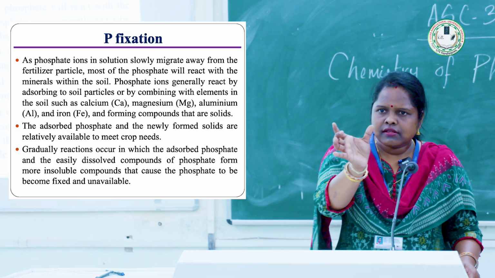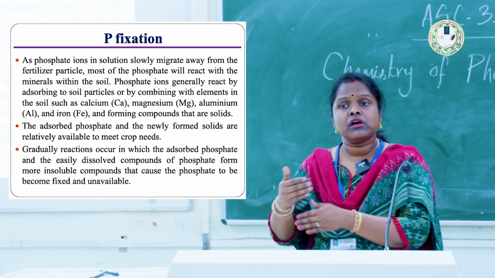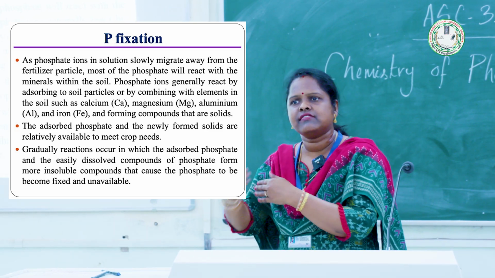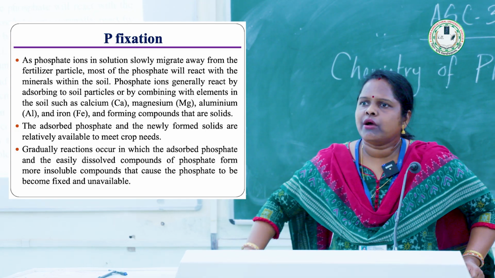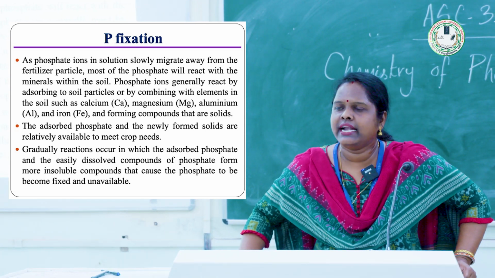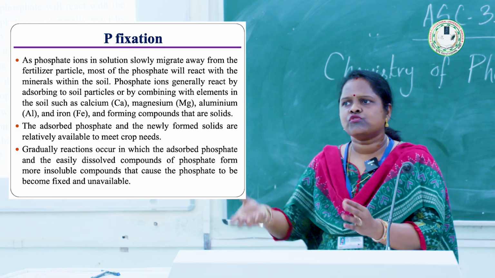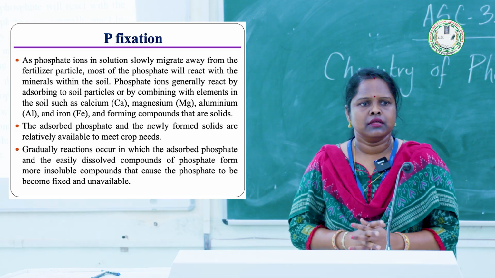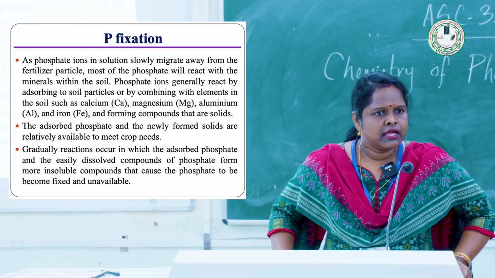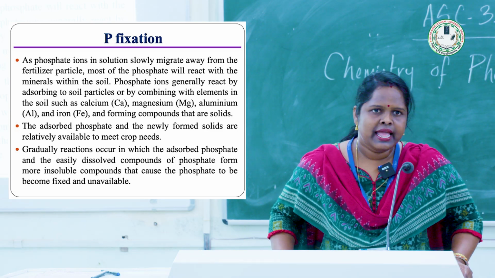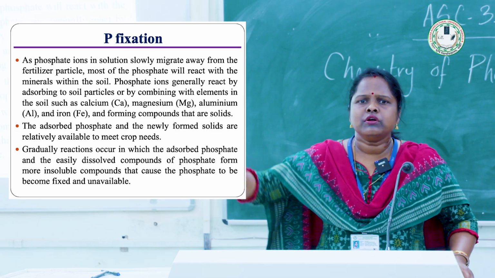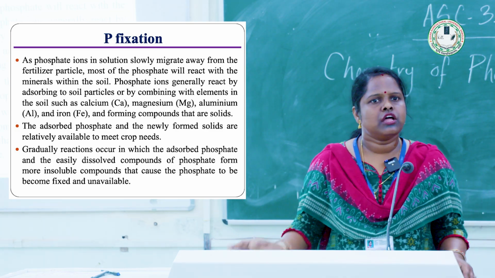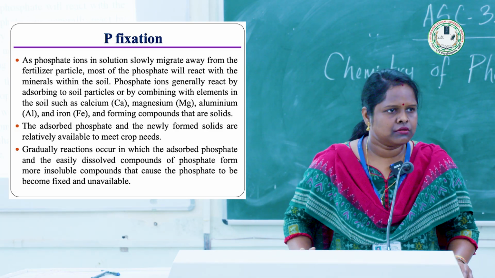This is a different scenario. And if the soil pH is greater than 6.5 or in the neutral range, the availability of calcium ions is more, and in that case the phosphorus will combine with calcium, forming calcium phosphates. And in longer phases, later it is converted into tricalcium phosphates, the insoluble phosphates.